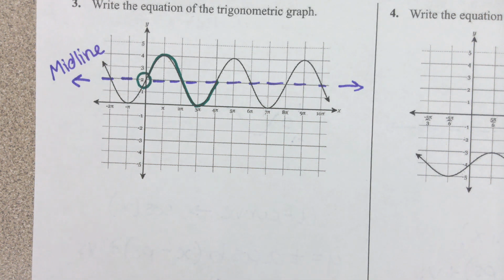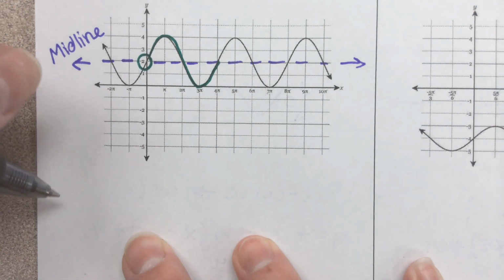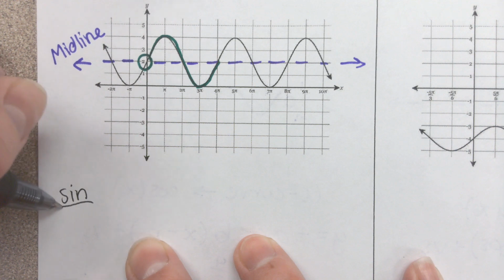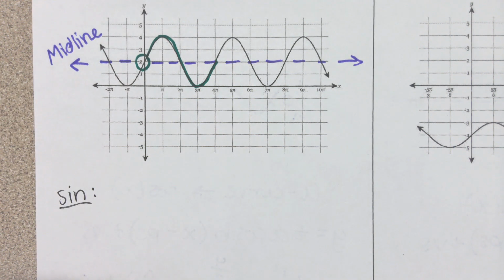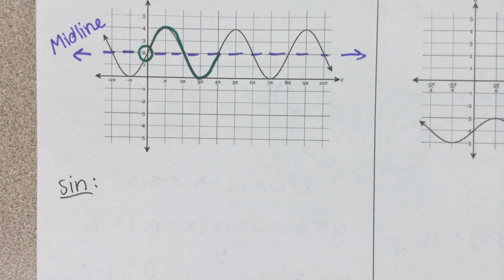Now our midline is not the x-axis, it's through 2 on the y-axis. Sine is the first curve that naturally came out of this graph, so that's the one I'm going to start with. Reminder, on this problem, I'm going to find a sine and a cosine, just like you'll do on your homework and on your test.